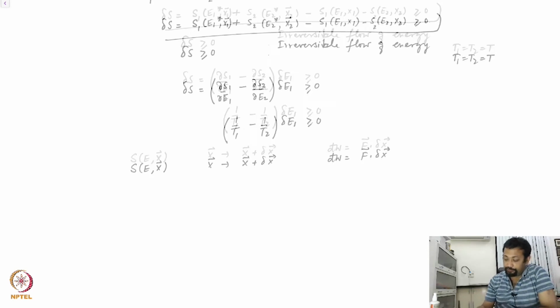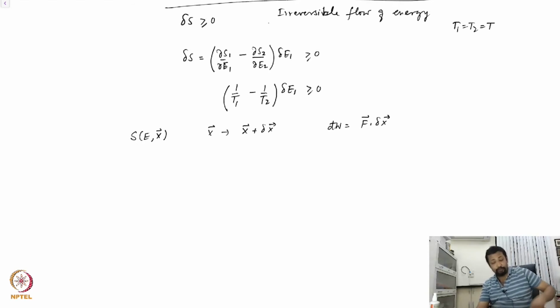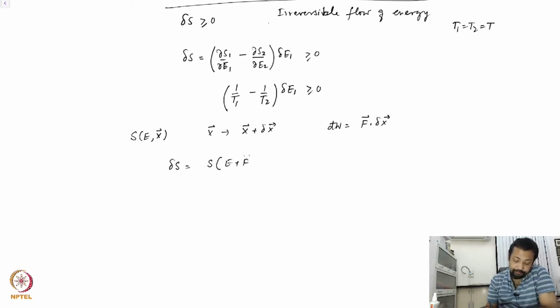This is the generalized force, as you are well aware of the description, the language that we used when we did thermodynamics, right? In which case your delta S is S of E plus F dot delta x, x plus delta x, minus S of E comma x.